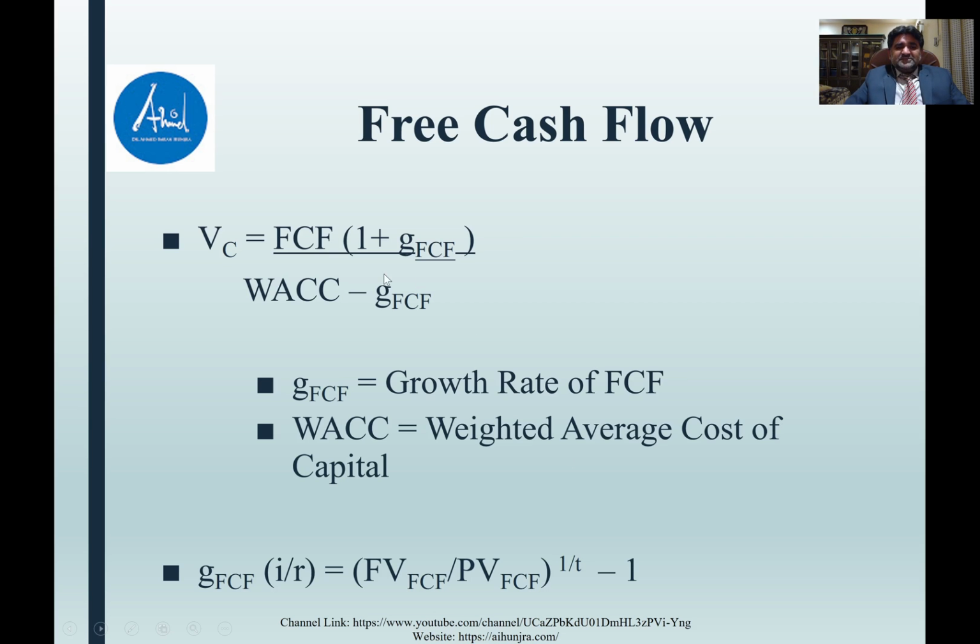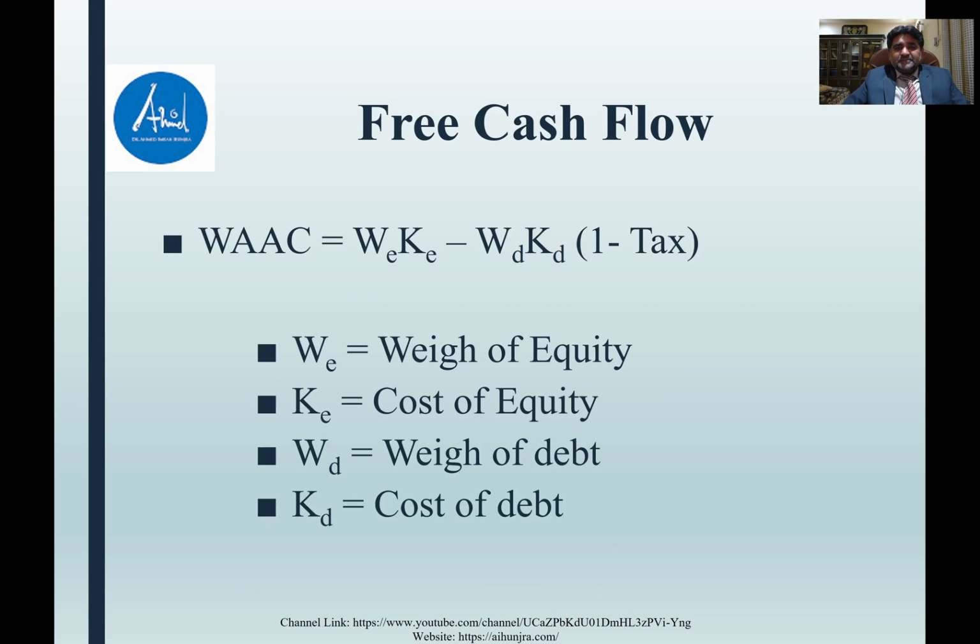In this case, we have to find the growth rate of free cash flows. Its growth rate means it's the rate of return, so it will be equal to future value of free cash flows divided by present value of free cash flows raised to the power 1 by t, minus 1. It's the formula like we calculate the rate of return.